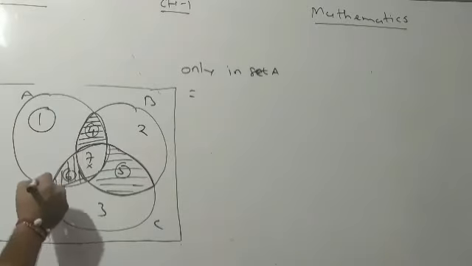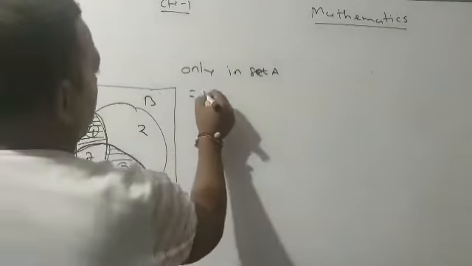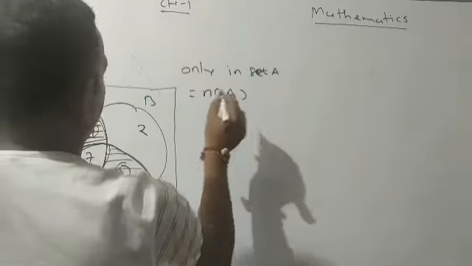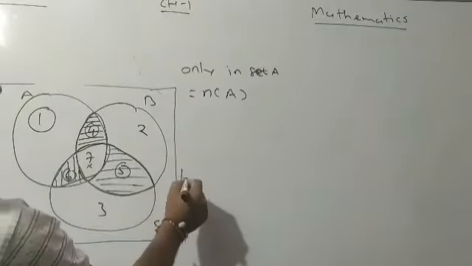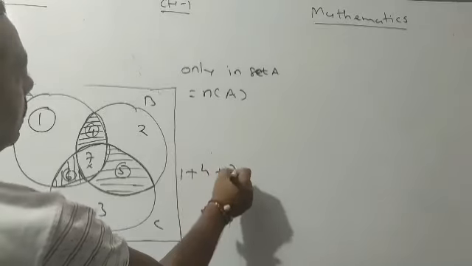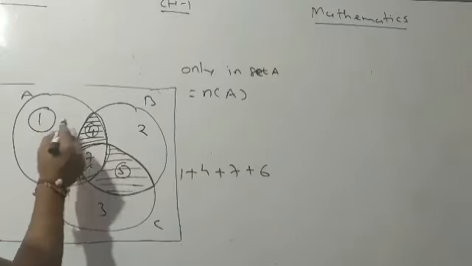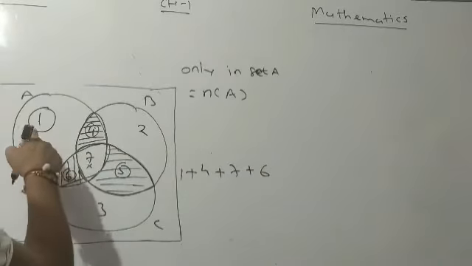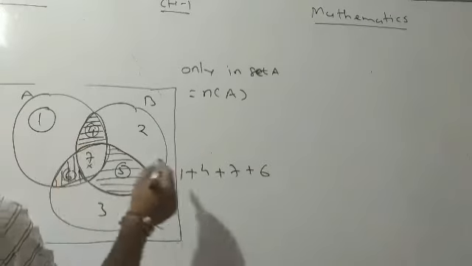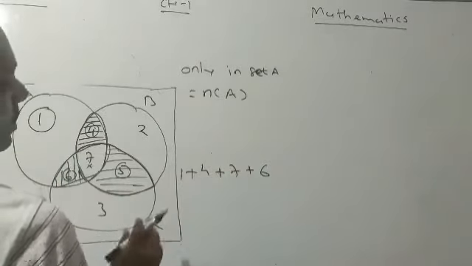Now consider whole A, that is n of A. It means 1 occurs, 4 occurs, 7 occurs and 6 occurs. 1, 4, 7, 6. We need only 1. So with us 4, 7, 6 are extra.